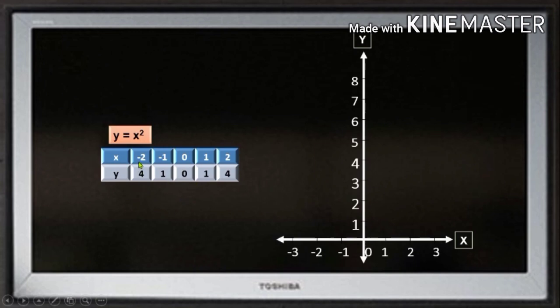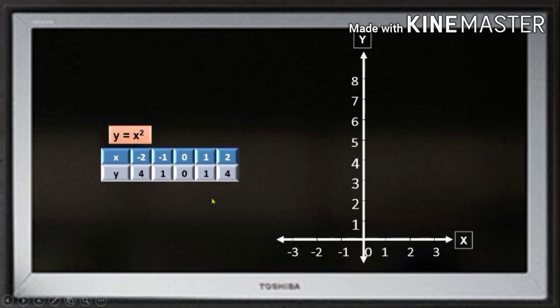If x is negative 2 and positive 2, the value of the function is also the same. Now we observe that the values of the function to the right of 0 and to the left of 0 are the same. So as we can see, there is a reflection of values.